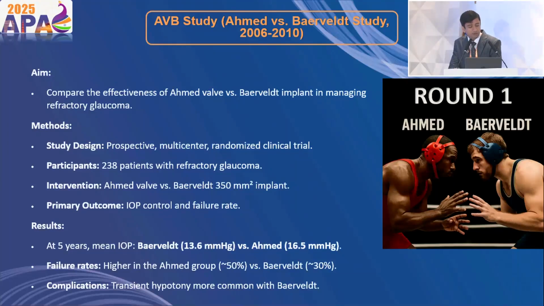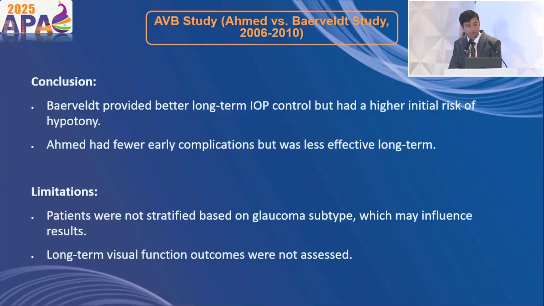Failure rates were higher with Ahmed, and hypotony-related complications were more with Baerveldt. Baerveldt provided better long-term IOP control but higher initial risk of hypotony, and Ahmed had fewer complications early on but was less effective in the long term.